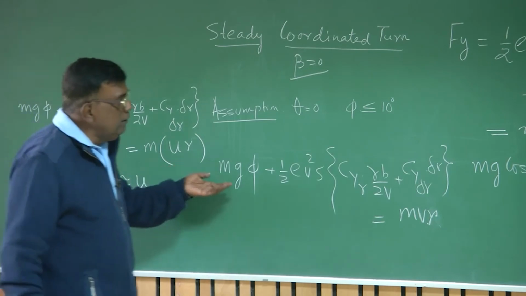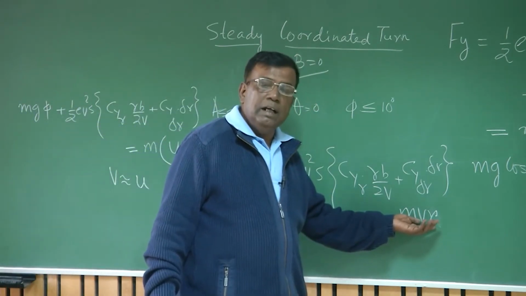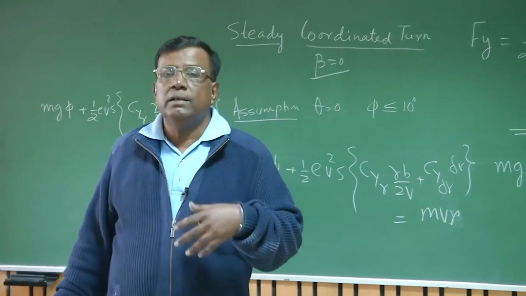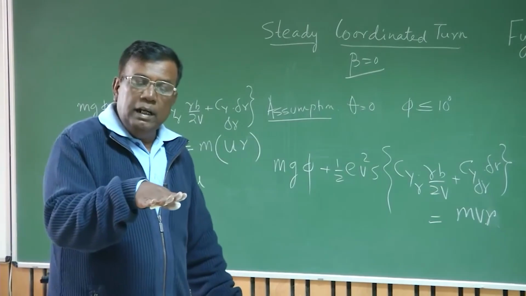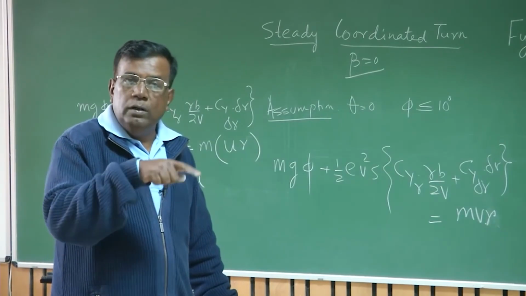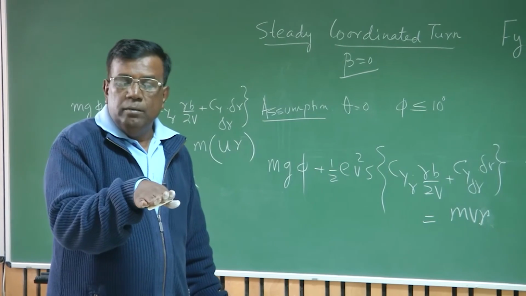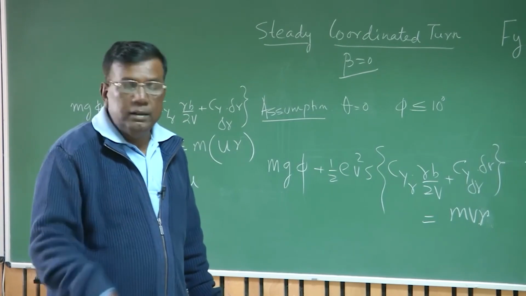Now see, what is this m v r? r is the angular rate, m v omega, it is like m v square upon r, like centripetal acceleration. If the airplane is turning like this, it is like a stone being turned by a string. So some force must be making it happen to give a centripetal acceleration in the circular path.